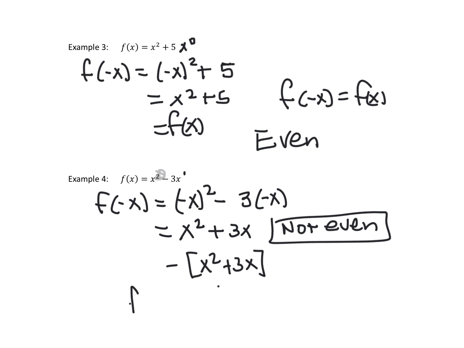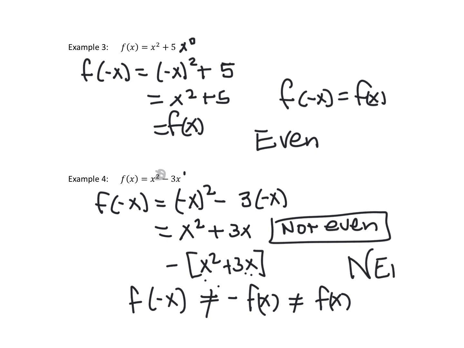So I can say here, f of -x is not equal to negative f of x, because I see this is not the same. And I can also say that this is not equal to f of x. So this is going to be neither.